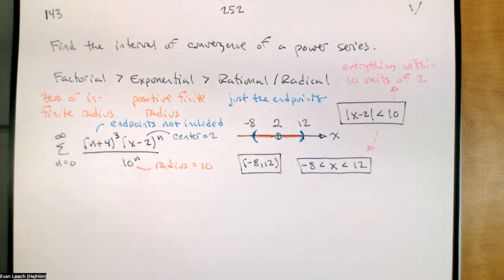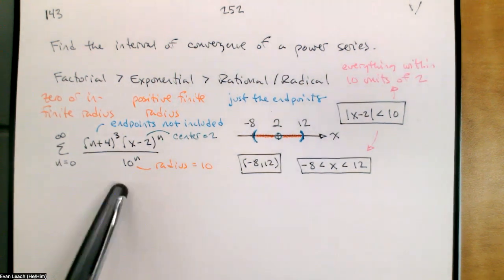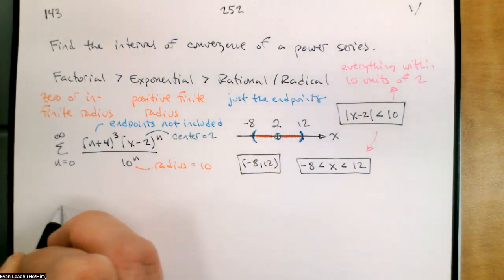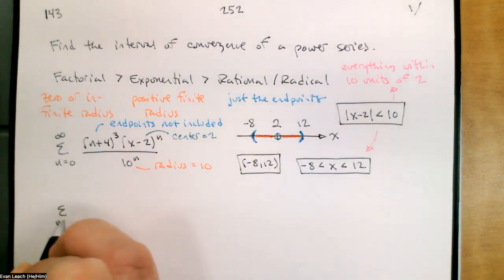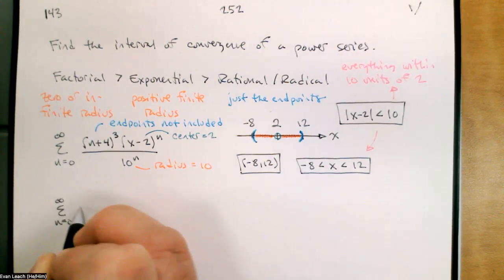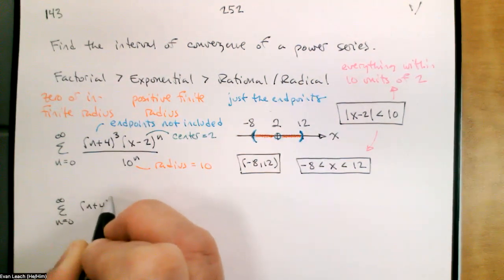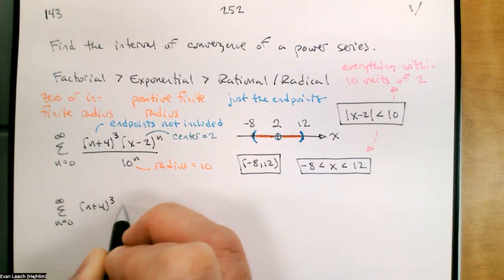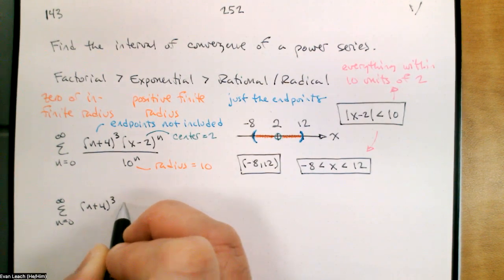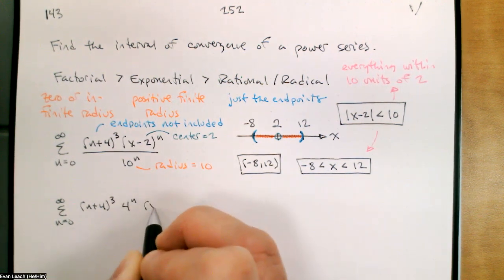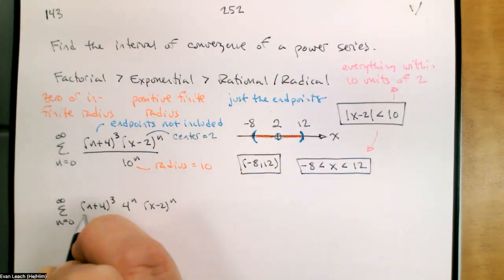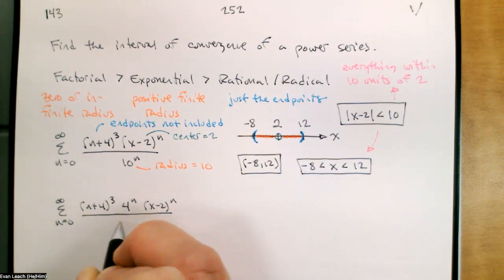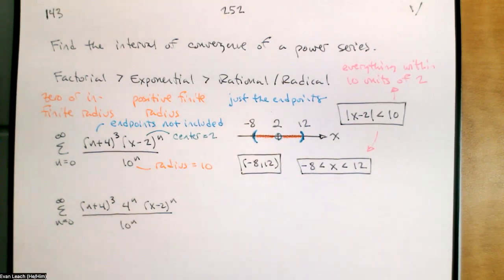So if we have other things to balance out, if there was another exponential factor running around, like for example, we'll have another factor. 4 showed up twice.